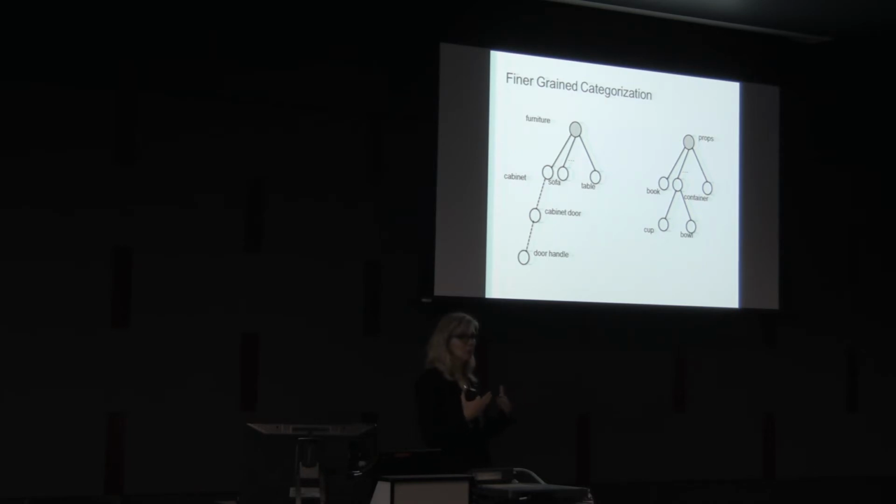But if I need to open a door into a refrigerator, I need to have some finer categorization of the furniture category to be able to distinguish a refrigerator from a cupboard. And then I have to go even further because I may need to know where the cabinet and the door is and where the door handle is. So there are different levels of hierarchies.